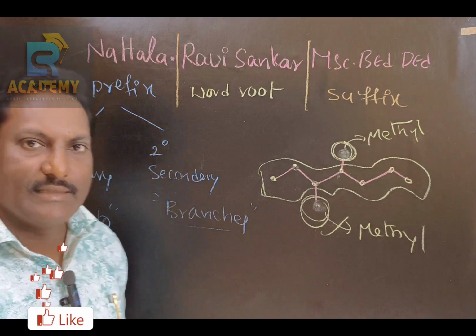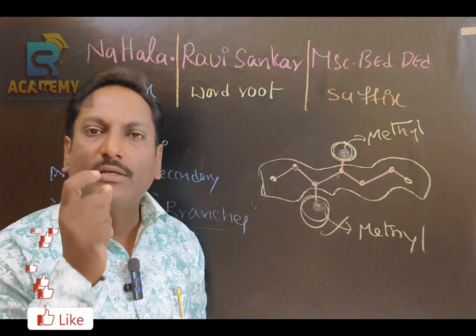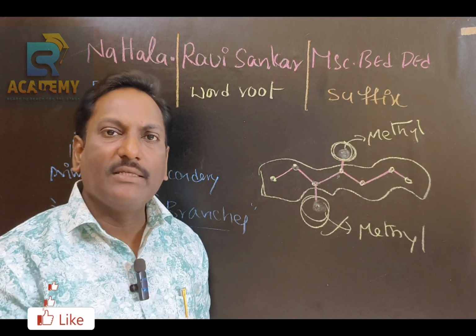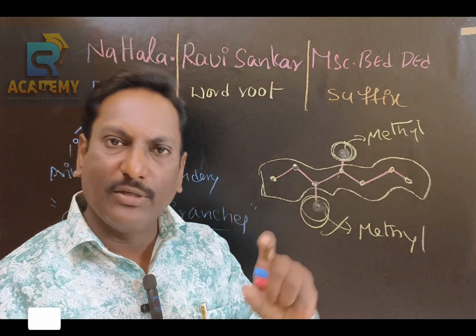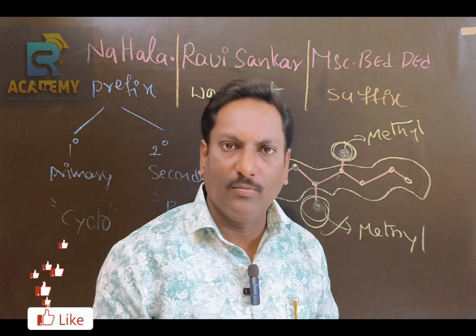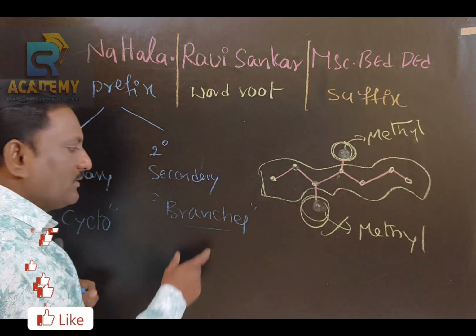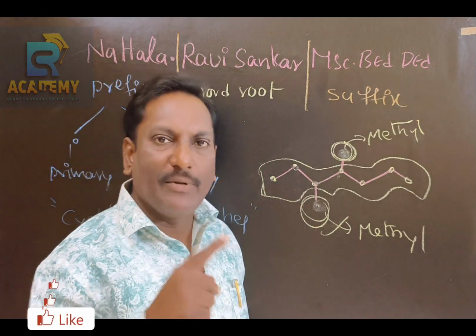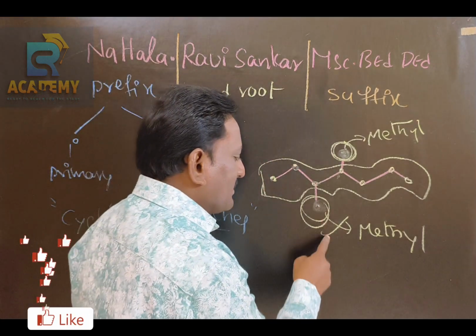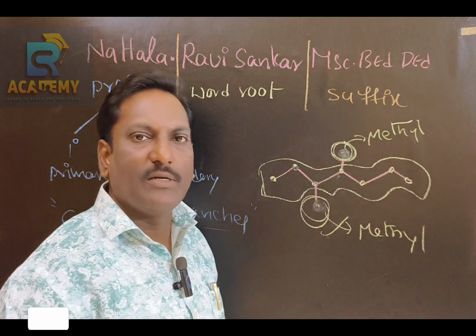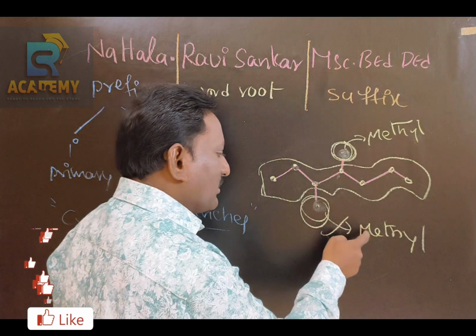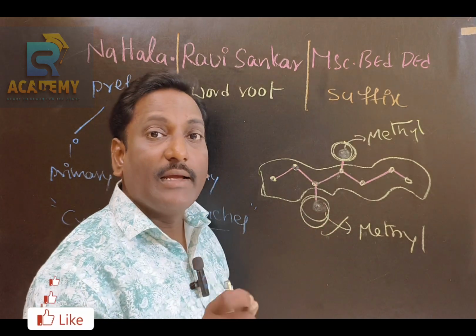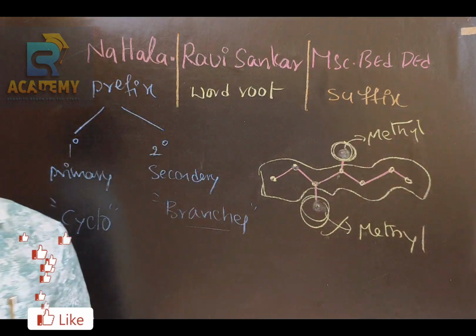Secondary prefix tells us whether there are any kind of branches attached to the parent chain selected by you while naming the organic compound. Right? If one carbon appears as branch, it is considered as methyl, two carbons ethyl, three carbons propyl. So these are called alkyl groups.